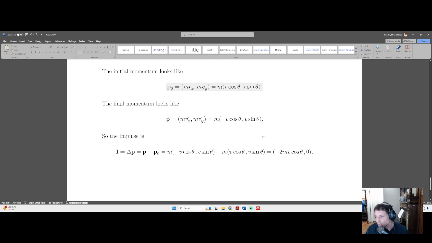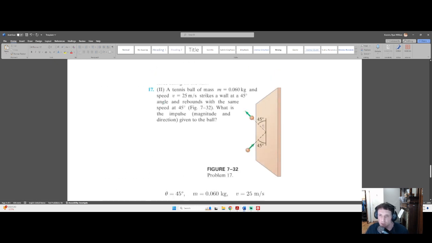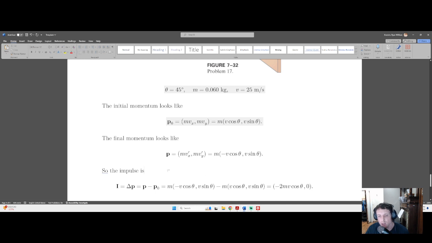In a situation like this, you could maybe even just assume that the impulse should not have a y component because the force is directed perfectly to the left. But I would suggest that you don't try to take shortcuts until you're sure that you clearly understand all this stuff. But it is true. I just wanted to draw your attention to the fact that this checks out, because it should be a force to the left and it should have no y component.